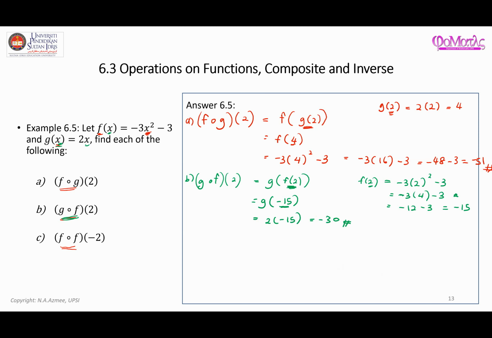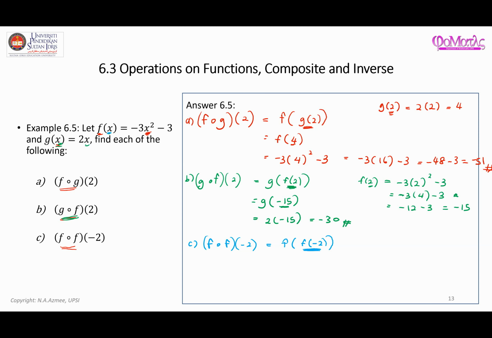Next, the last example is f compose f, where the value of x is -2. Basically the function f is going to be substituted into itself, so it will replace x in function f.